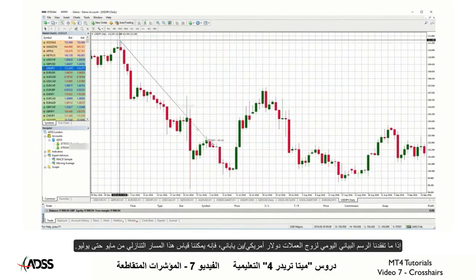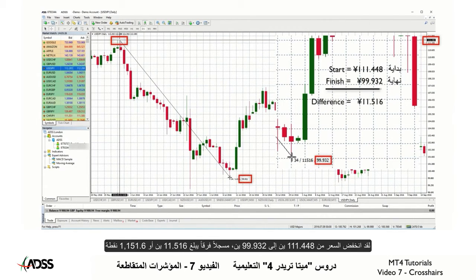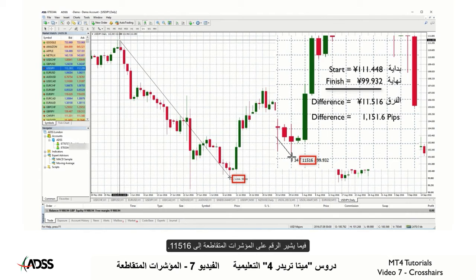If we look at the daily chart on dollar-yen, we can measure this bear run that lasted from May until July. Price fell from 111.448 yen to 99.932 yen, making a difference of 11.516 yen, or 1,151.6 pips. The figure on the crosshair says 11,516.